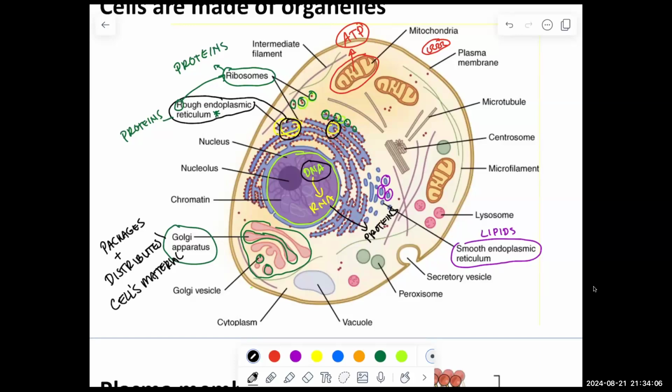It receives lipids from the smooth endoplasmic reticulum, and then it decides where they go. Are they going to stay in the cell? Are they going to leave the cell? Are they going to become part of the cell? That is what the Golgi is deciding. Where to change them, where to send them, where to move them.